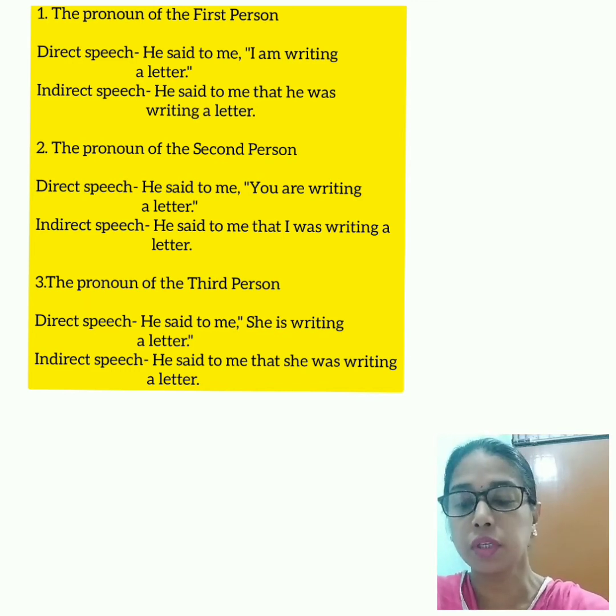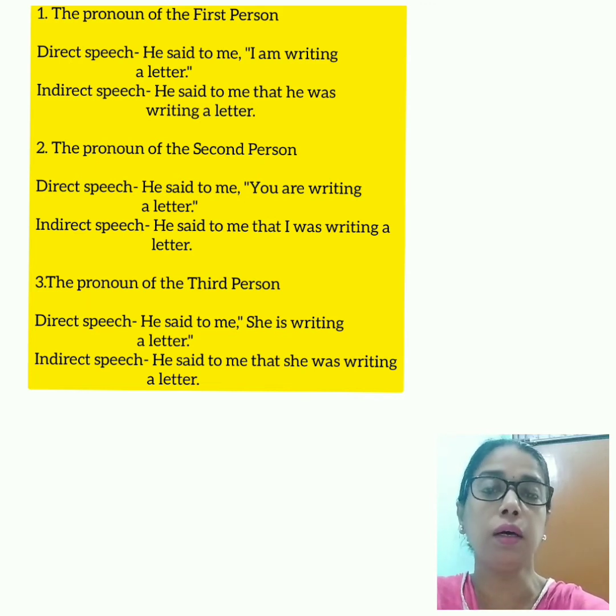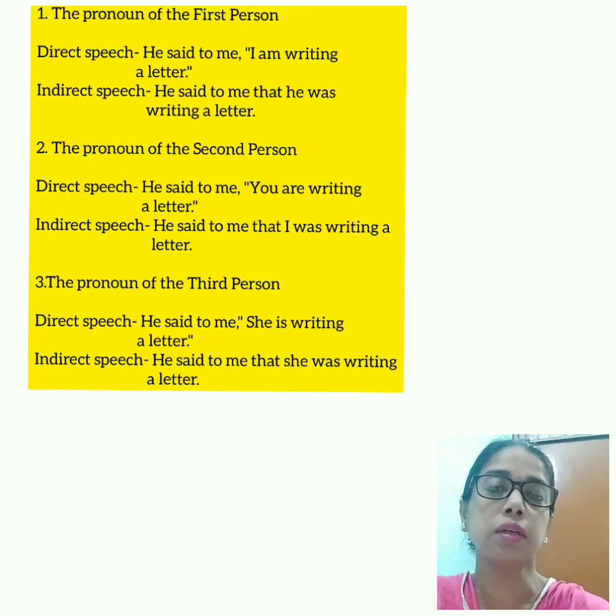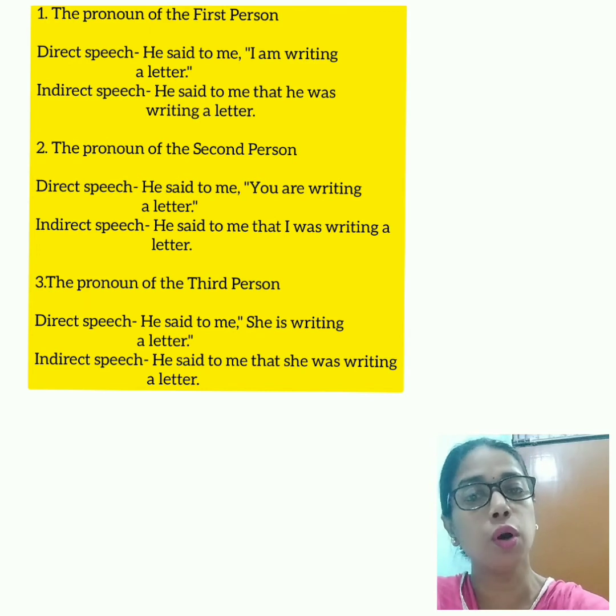Now in the example, he said to me, you are writing a letter. Here you is the second person, and it is related to the object in the reporting verb, and the object in the reporting verb, which comes after the verb, is me. So now you will be making the change in the indirect speech according to the object.